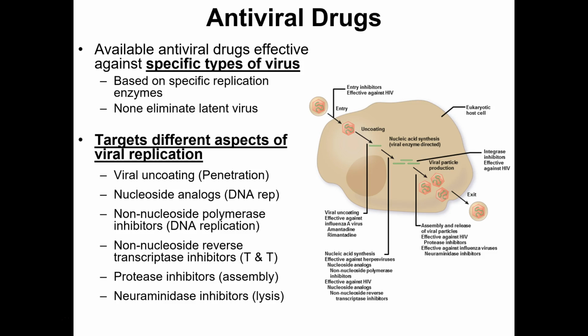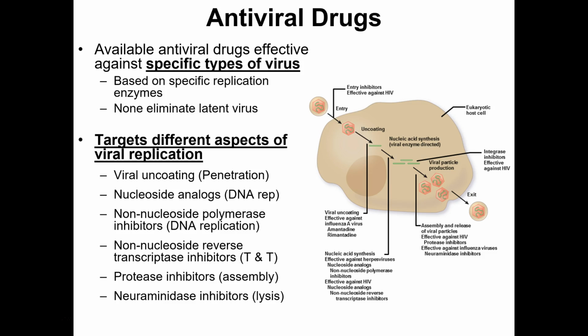But all antivirals basically do similar things. They inhibit different steps of the viral replication cycle. Right? You have some that inhibit attachment, penetration, biosynthesis, maturation, release. So if you can screw with one of those steps, you can slow down the virus.